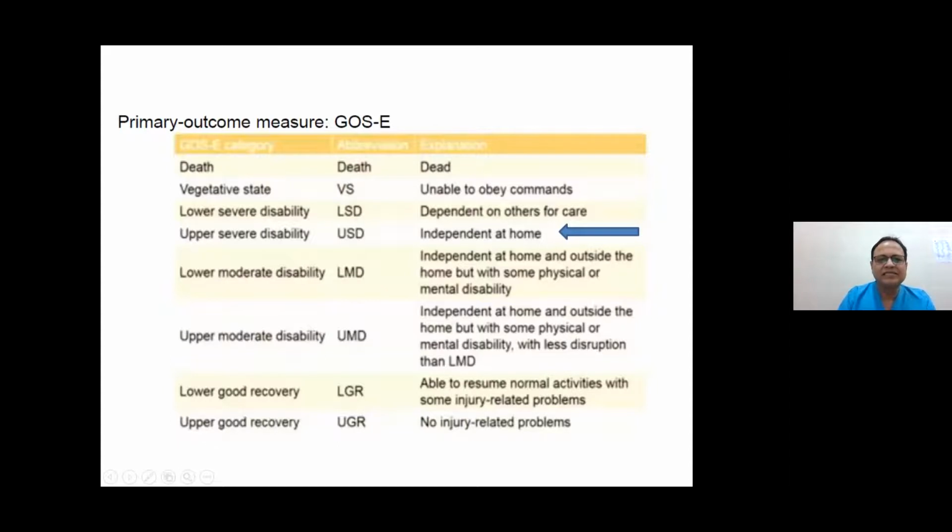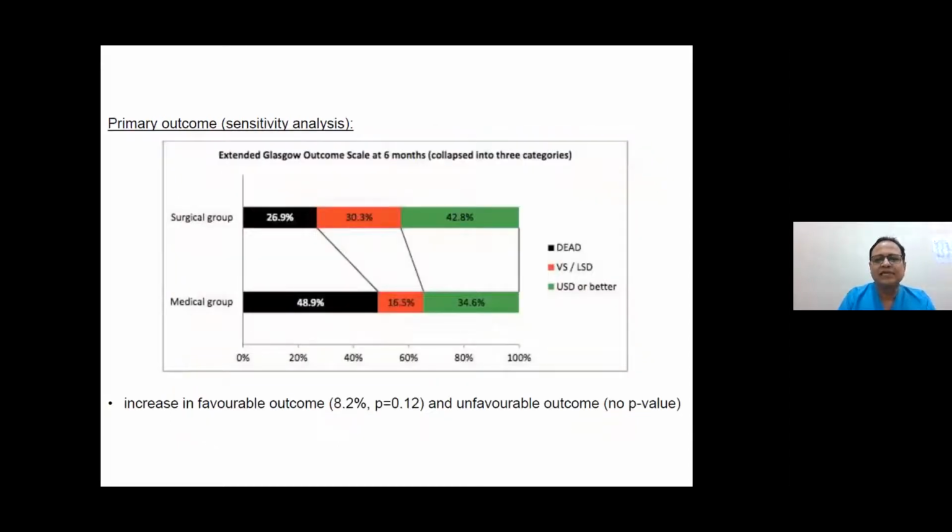If one takes this measurement parameter, what they saw at 6 months was that in the medical group, 34% were independent, whereas in the surgical group, 42% were independent. 42 plus 30, like 70% were independent, whereas in the medical group it is far less.